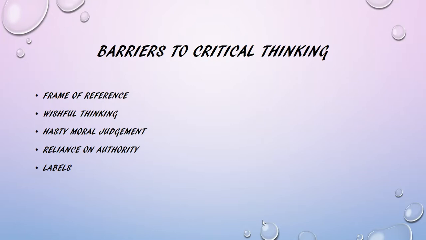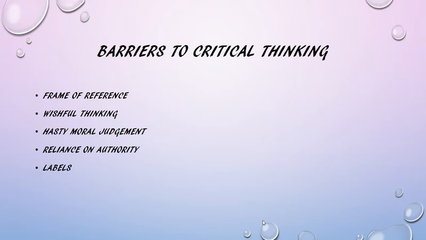Hasty moral judgment. This is when we evaluate someone or something and then remain fixed on our evaluation of good or bad and right or wrong. And these judgments are often prejudiced, intolerant, emotional, or self-righteous. We don't leave any room for our judgment to be wrong about something or someone.